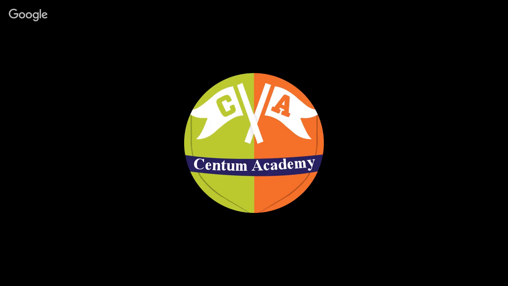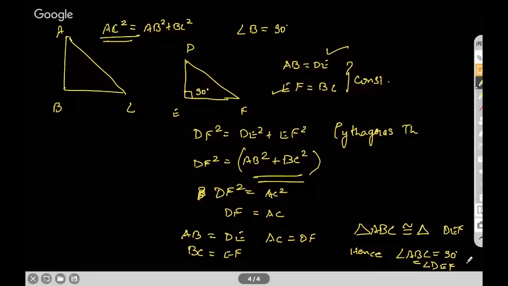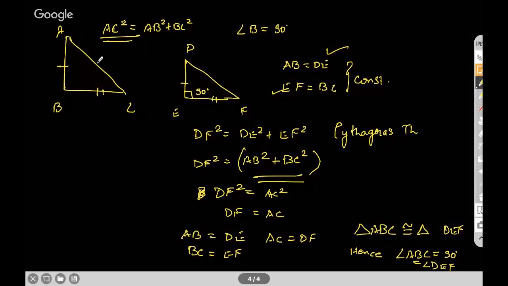This is the conventional proof. So if at all this proof is asked, you can use this method: construct another triangle with corresponding equal sides, and then AC square is equal to the sum of the squares.